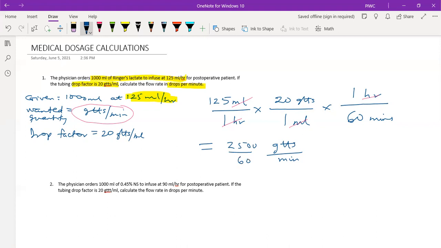So that means that our answer is going to be 41.6 GTT per minute. Okay. Since we cannot have a fraction of a drop, we round to the nearest whole number. So it means that we need about 42 drops per minute. Okay, so that will be our answer.